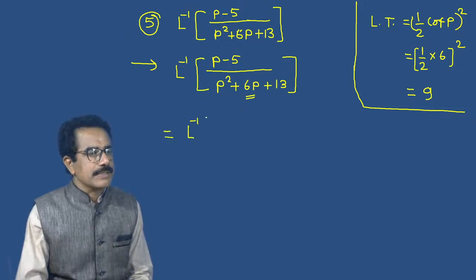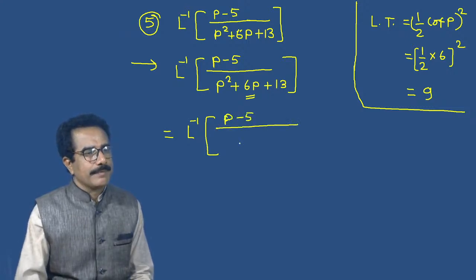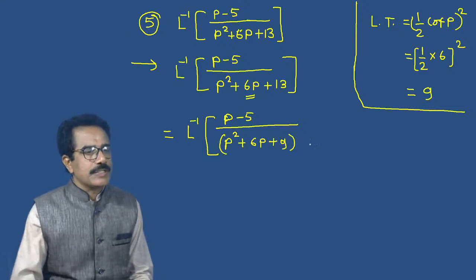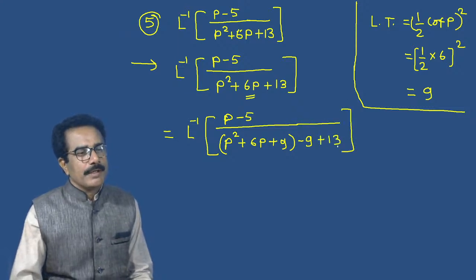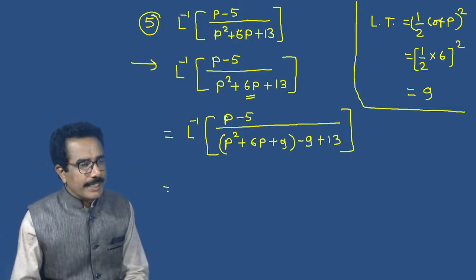L inverse of p minus 5 divided by p square plus 6p plus 9. For this plus 9, we write minus 9 plus 13. So this bracket will be the complete square. How can we write this?